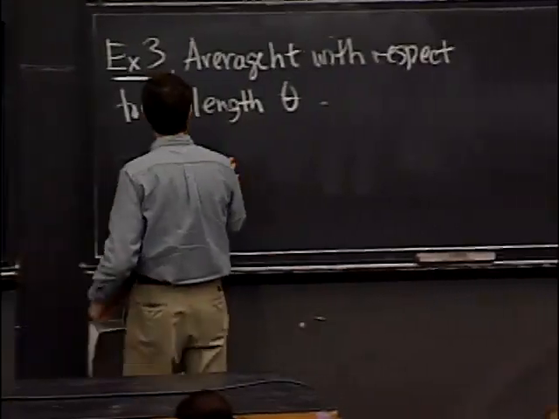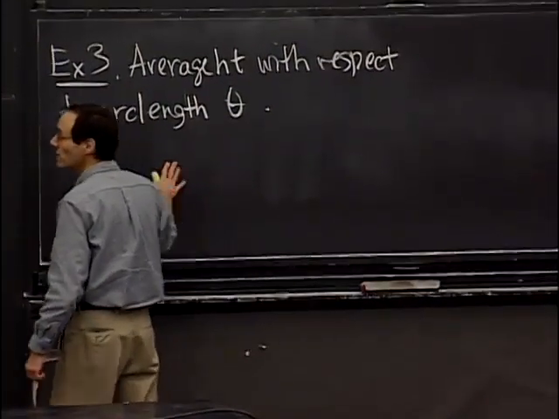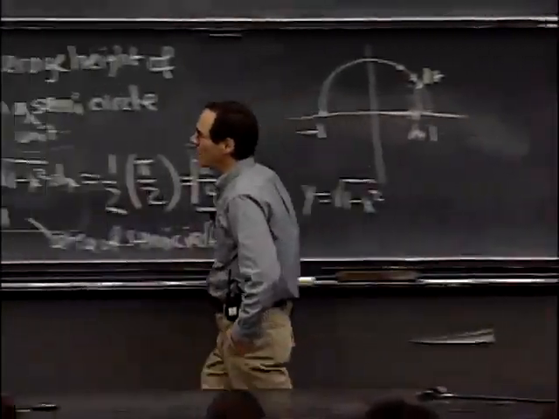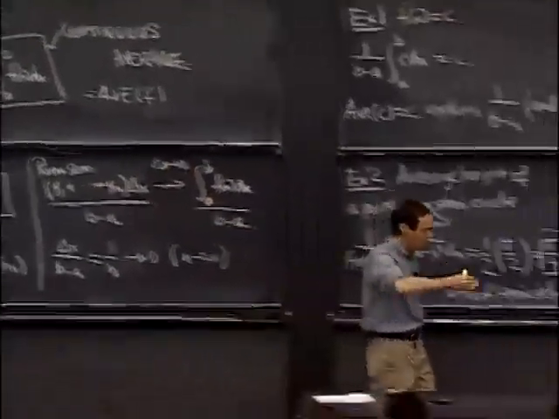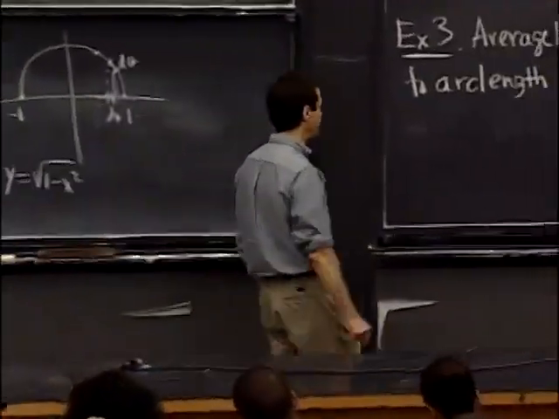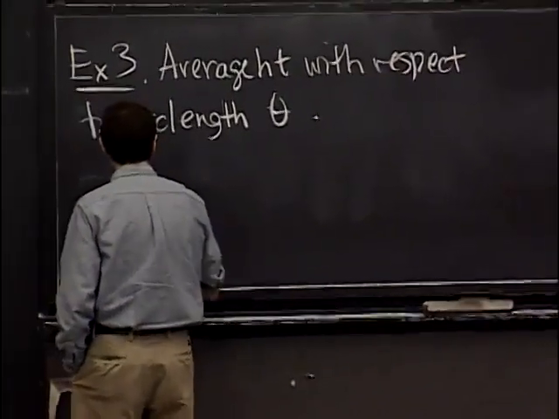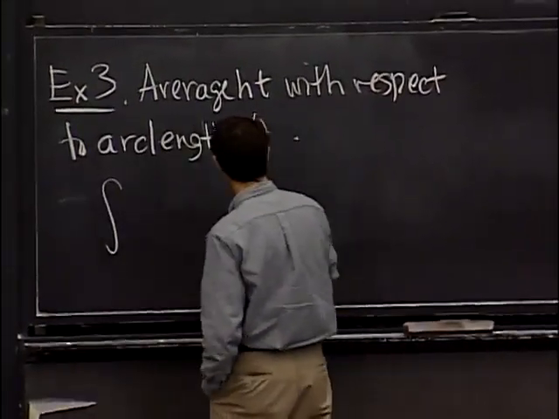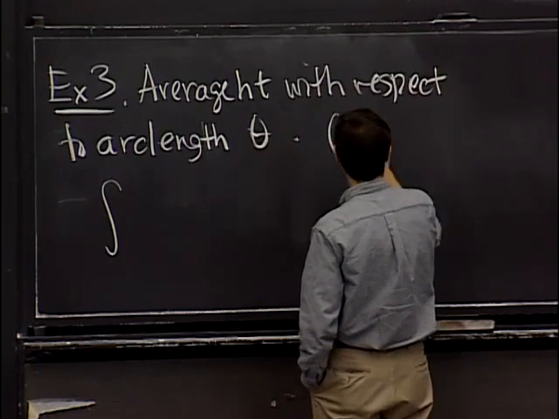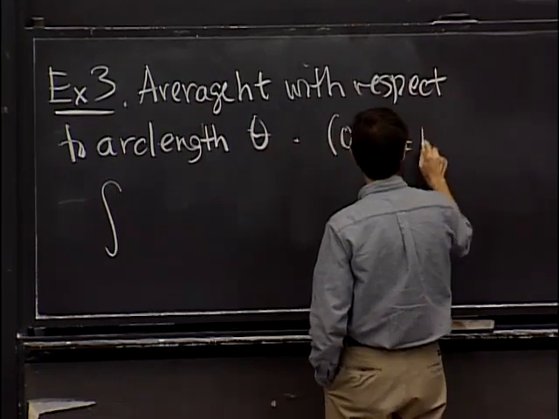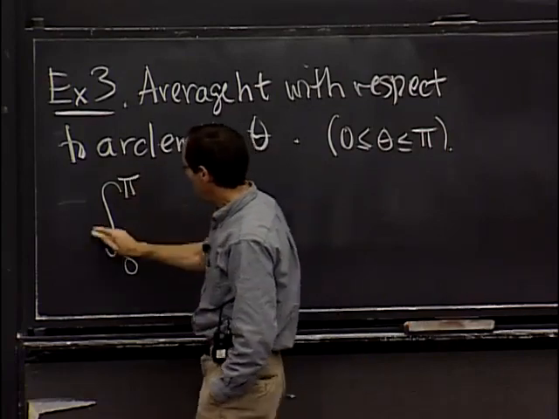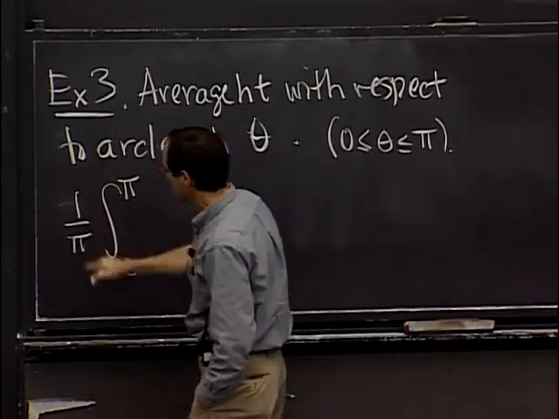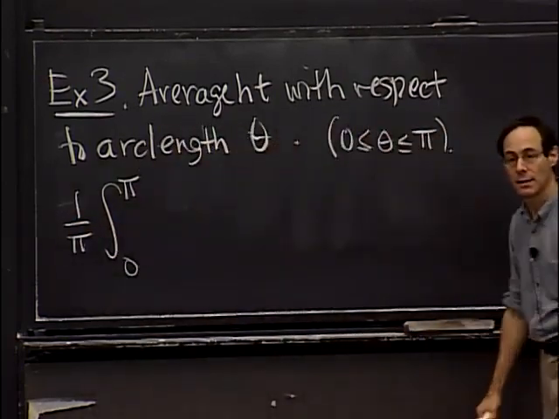Now let's set up the integral. The integral follows the same rule. It's just 1 over the length of the interval times the integral over the interval of the function. But now where does theta range? This time theta goes from 0 to pi. So the integral is from 0 to pi, and the thing we divide by is pi.